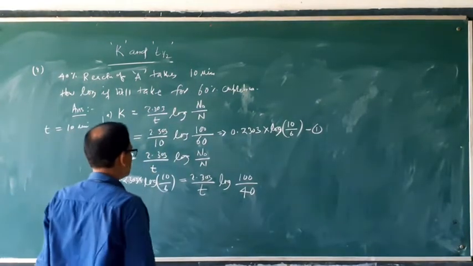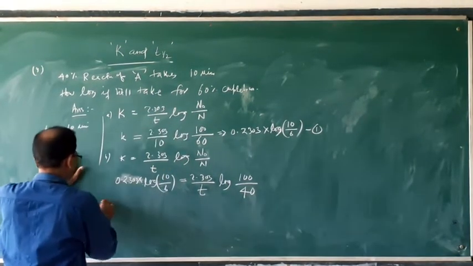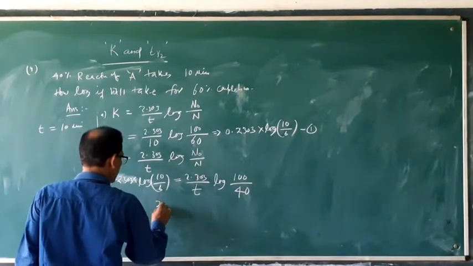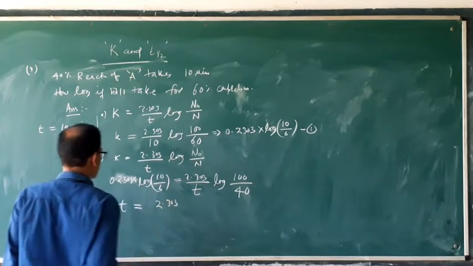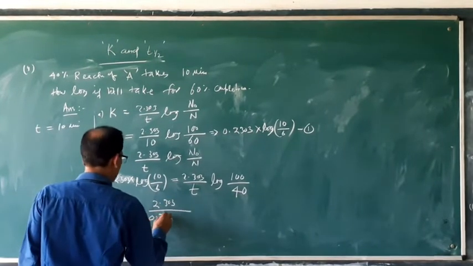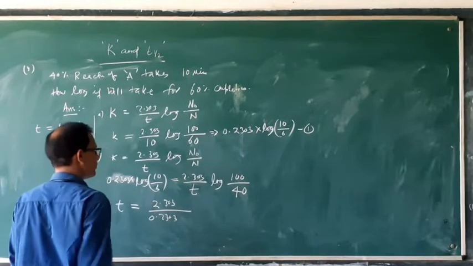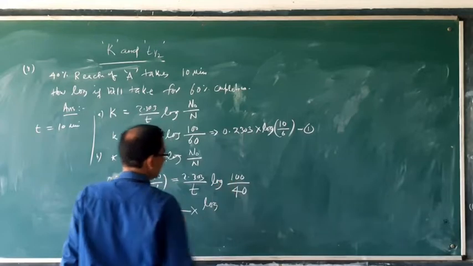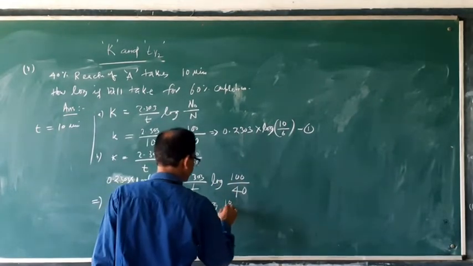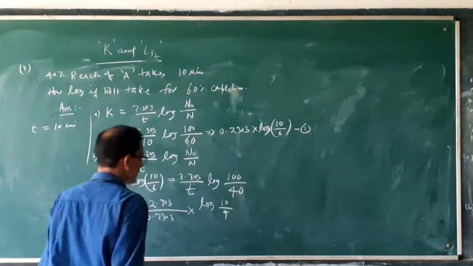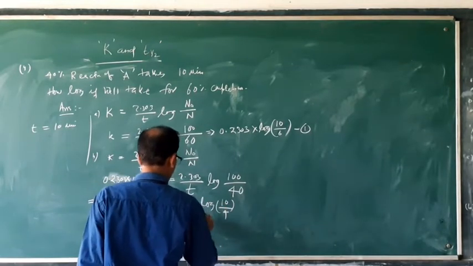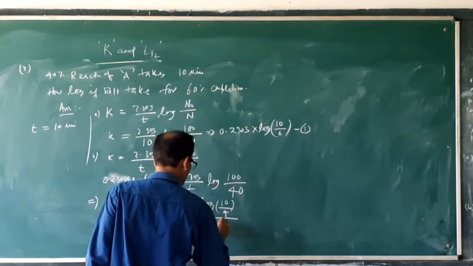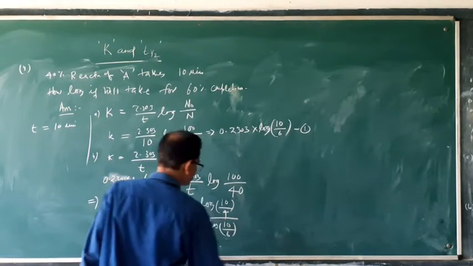Now what is the value of T? T is equal to 2.303 by 0.2303 into log 10 by 4 upon log 10 by 6.